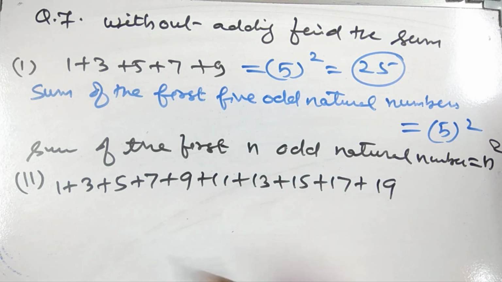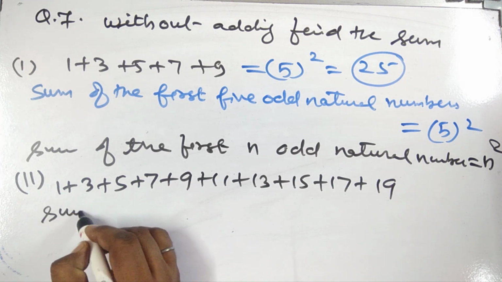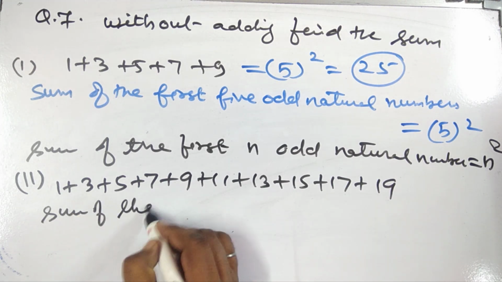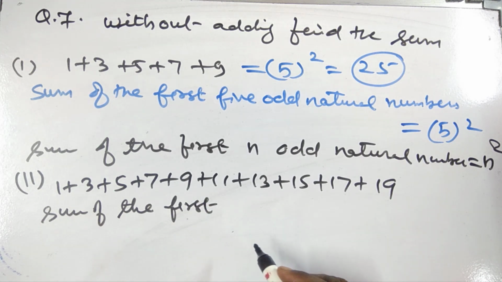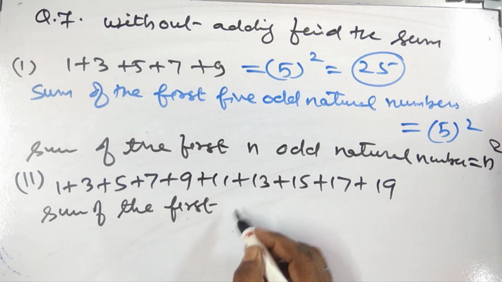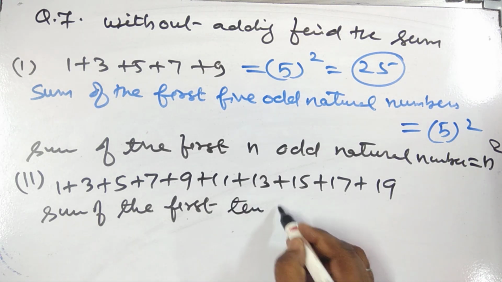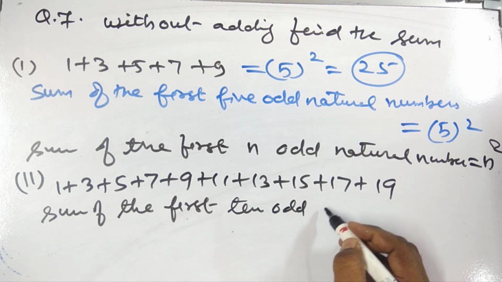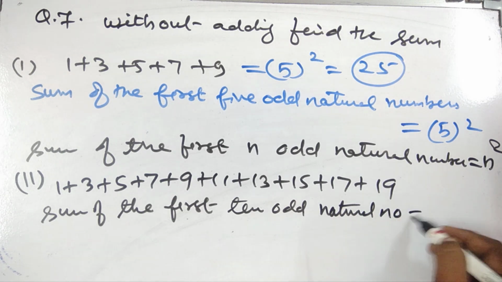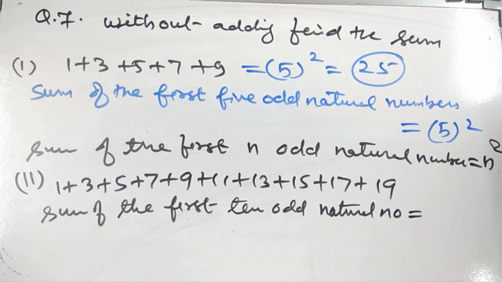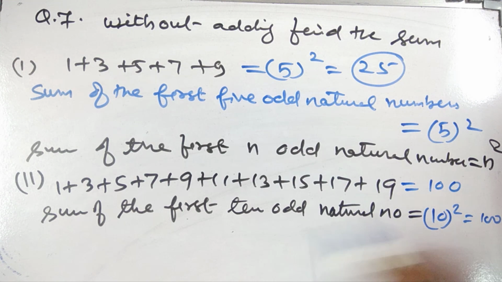So the sum of the first 10 terms, the sum of the first 10 odd natural numbers, is equal to 10 square. 10 square is equal to 100. So the sum is equal to 100, students.